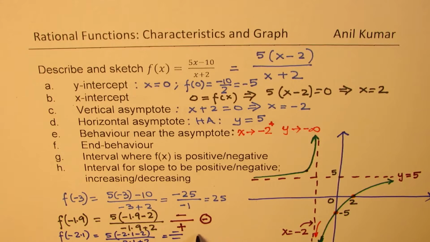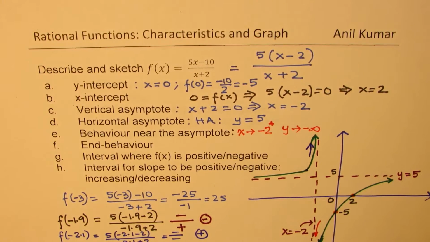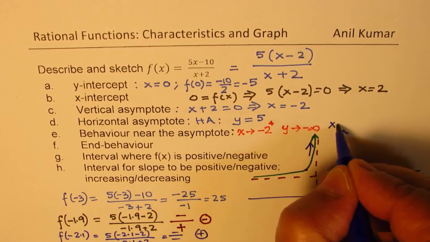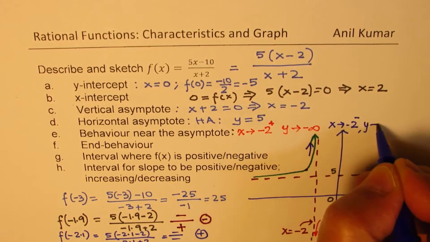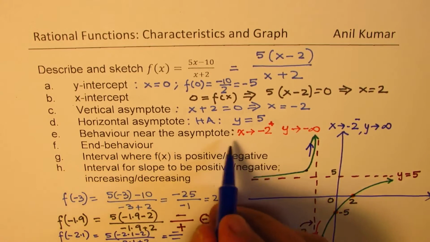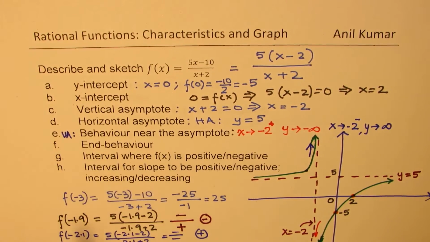So when you have negative over negative, we end up with positive. That means from this side, it is approaching positive infinity as shown earlier in the graph. So when x is approaching minus 2 from the left side, y is approaching positive infinity. That is the behavior near the vertical asymptote, right? So we are considering the vertical asymptote.